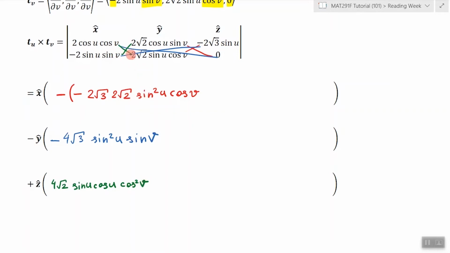So this was this line. For this line, we get minus negative 2 times 2 is 4. Then we get square root of 2 sine u cosine u, and then we get sine squared v.